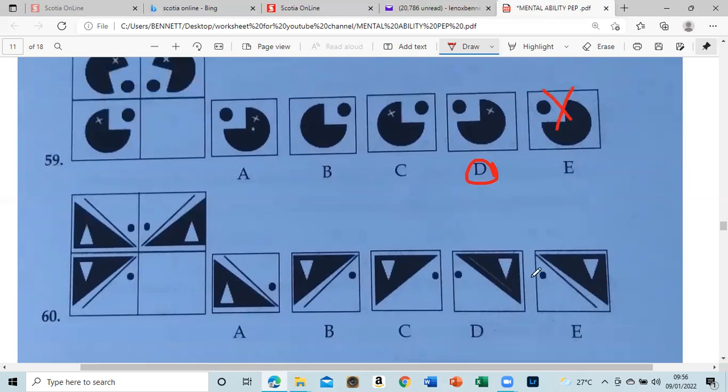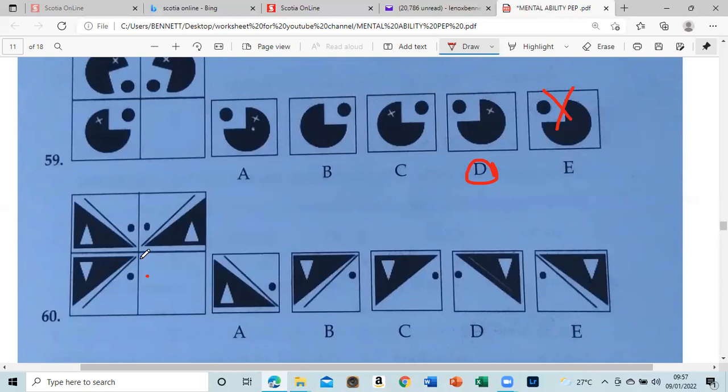Alright, so you want that to be somewhere. I wanted that to be at the front. The point must come here.